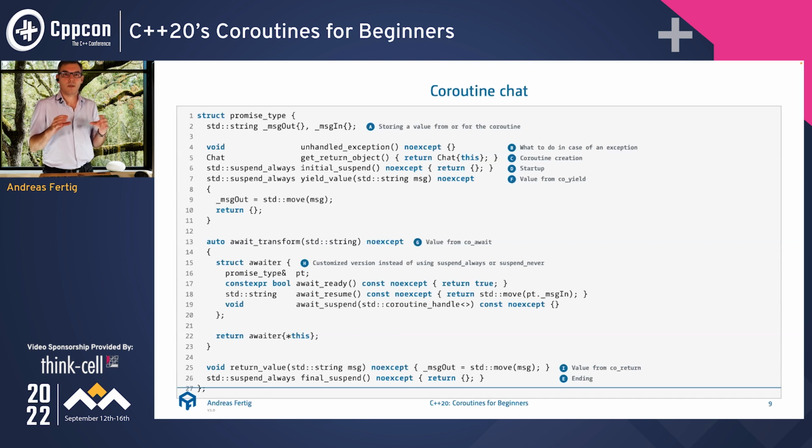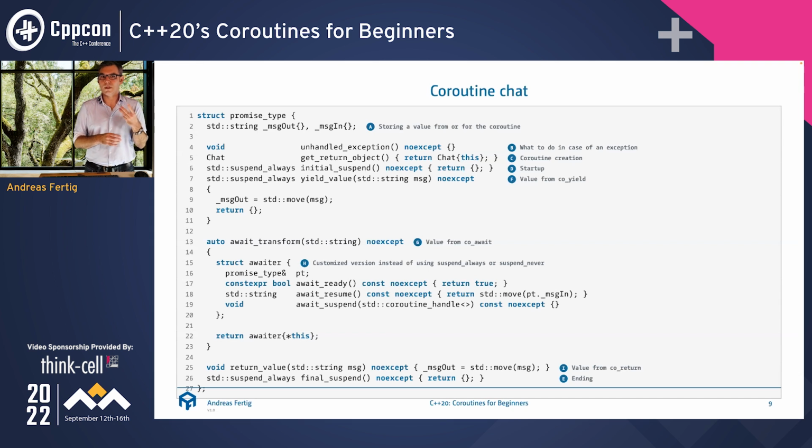And inside this await transform, we see the struct awaiter. And this is more or less what's behind the suspend always, or the other option would be a suspend never. Then the coroutine would continue running after the suspension point. And what I have here is the implementation for suspend always or suspend never.